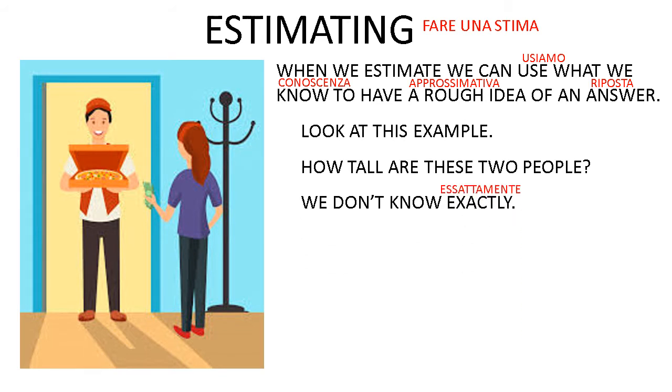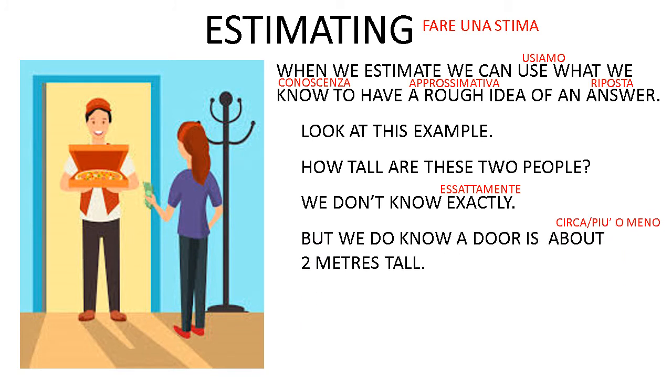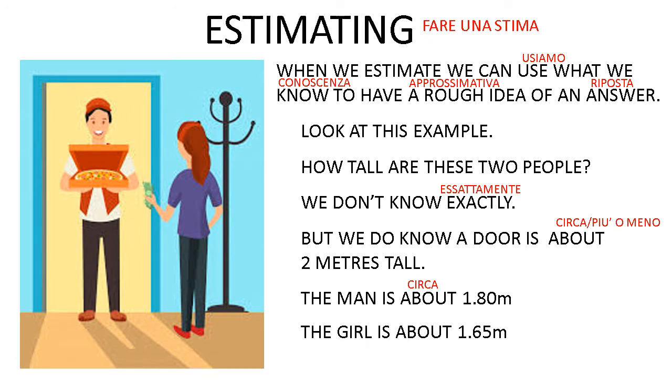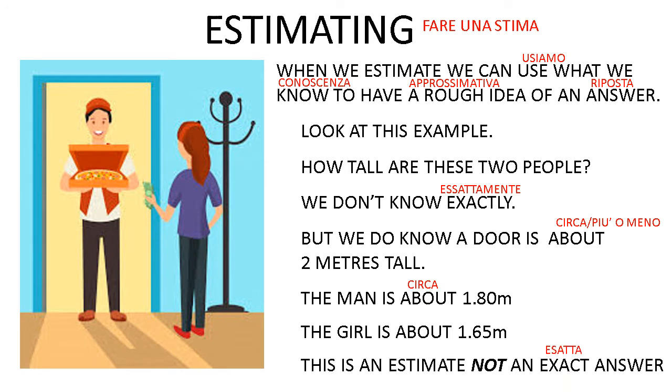We don't know exactly, but we do know a door is about 2 meters tall. So the man is about 1 meter 80 and the girl is about 1 meter 65. This is an estimate, not an exact answer.